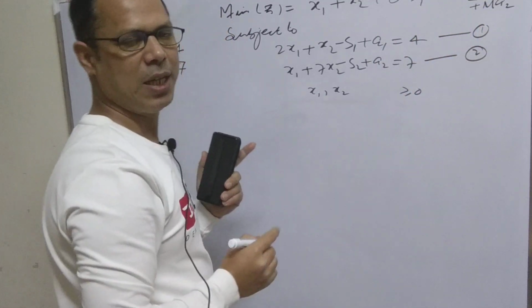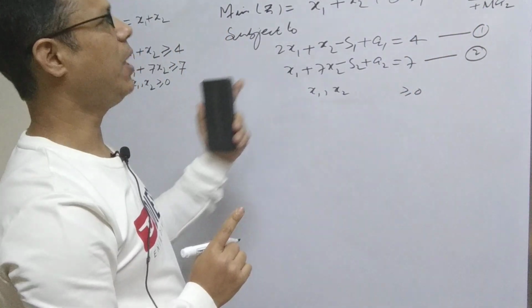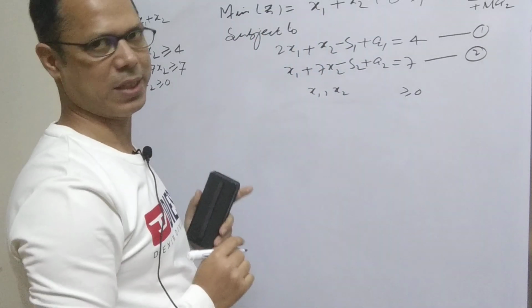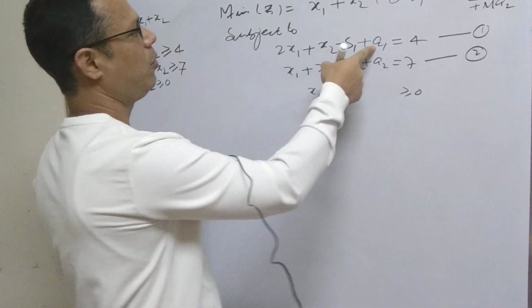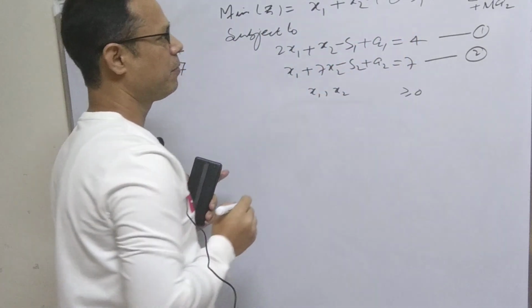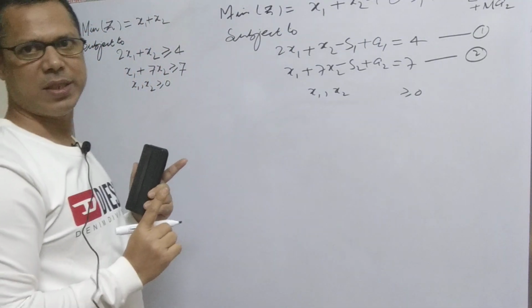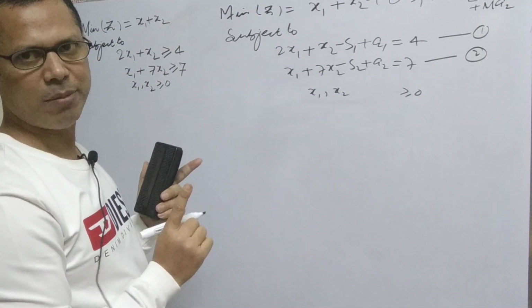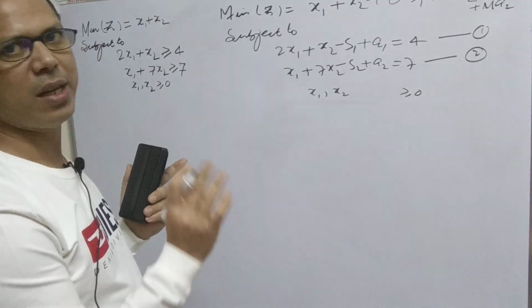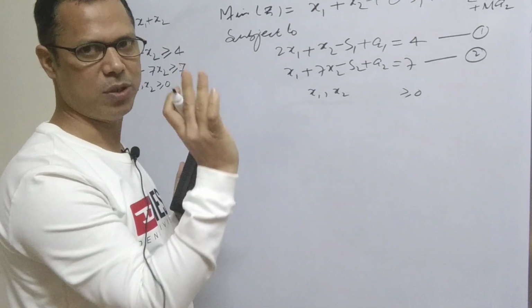What is M? So first we will introduce what is M and why we have added this M into the objective function, and what is the meaning of this M. Generally M is considered as a big M. M is not just M, M is a big M. Big M means a very large positive value.